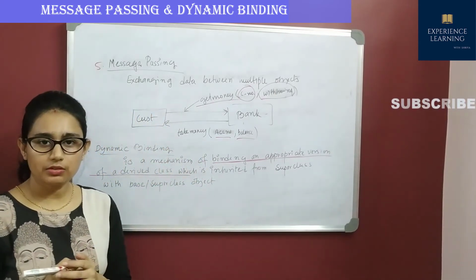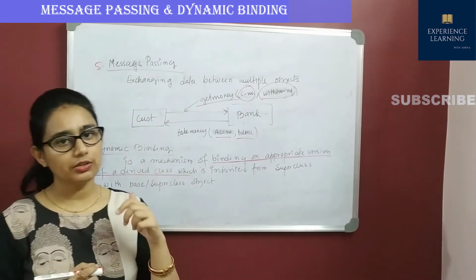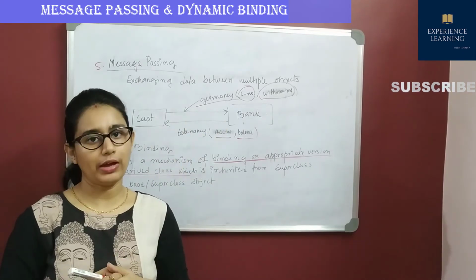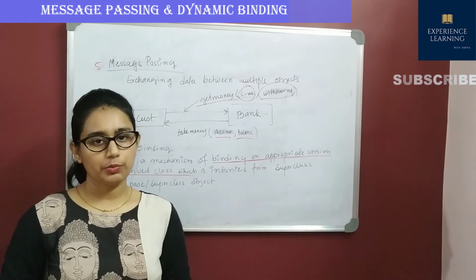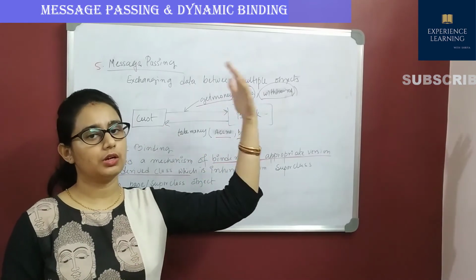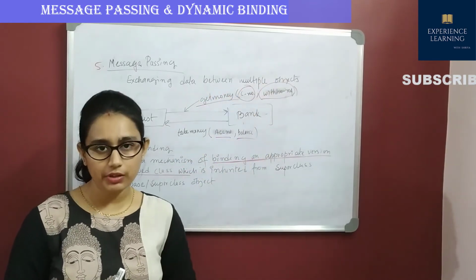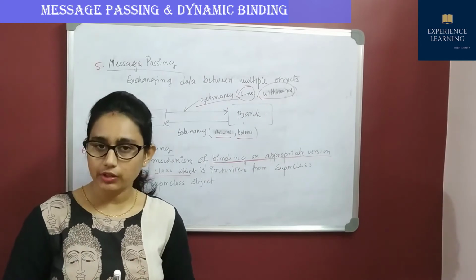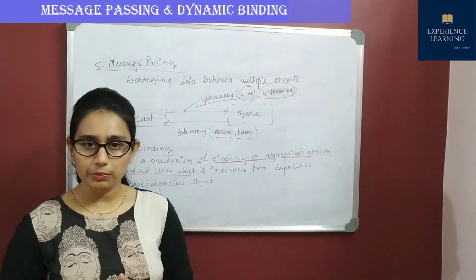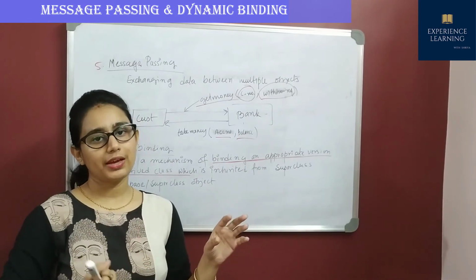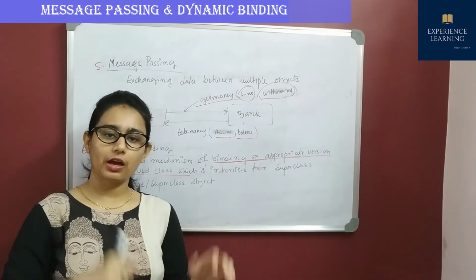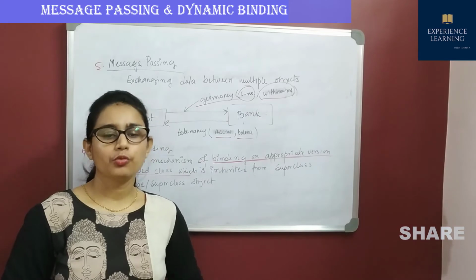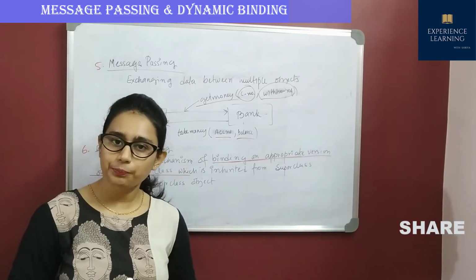Appropriate version means that in general the walk function of animal will not be exactly right for the cat. The behavior of walk or sleep written for the animal will not be exactly the same for the cat. So cat can have its own version for walk and sleep.